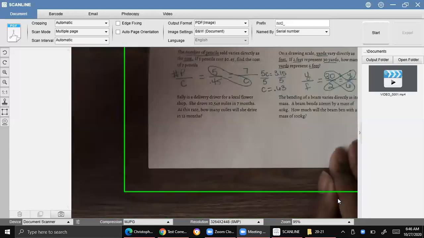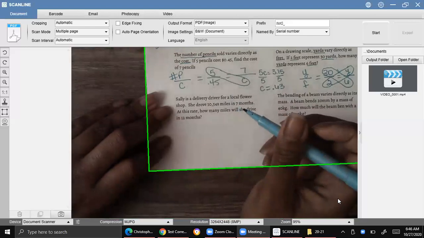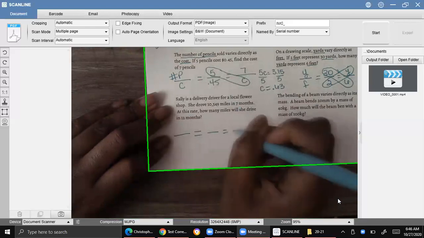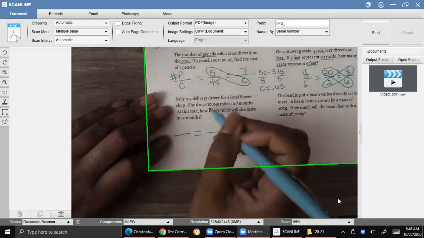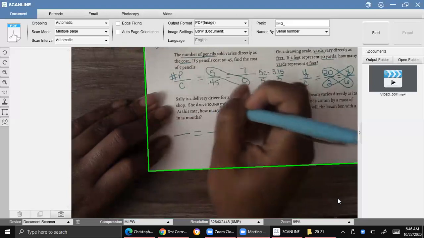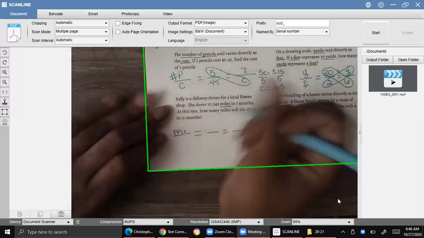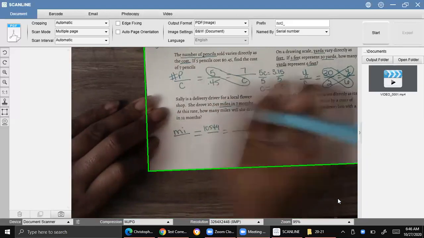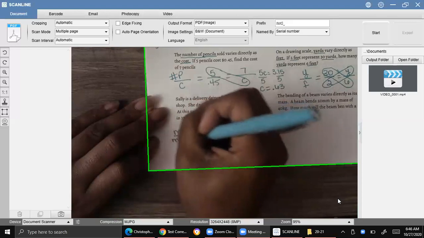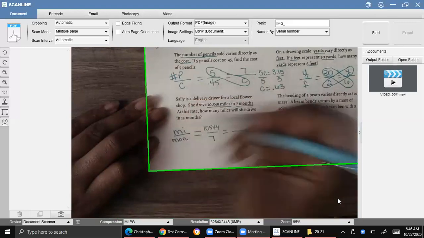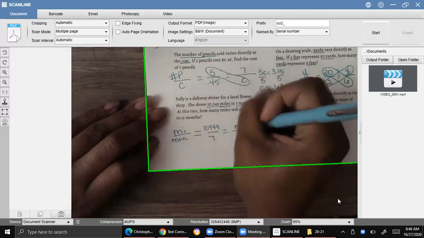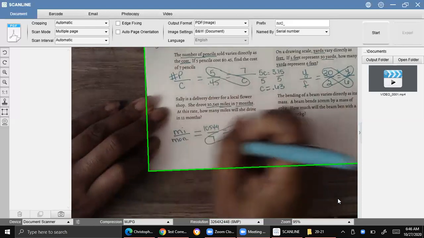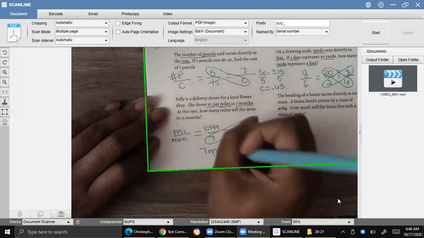Last one. Sally is a delivery driver for a local flower shop. Start setting up my triple proportion. That's always my first step. She drove 10,549 miles. So I know I'm comparing miles. 10,549 in 7 months. So my other thing is months. At this rate, how many miles, I don't know my second miles, will she drive in 12 months? So now I'm going to cross multiply. 7 times m is 7m.